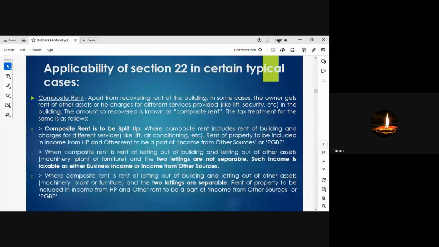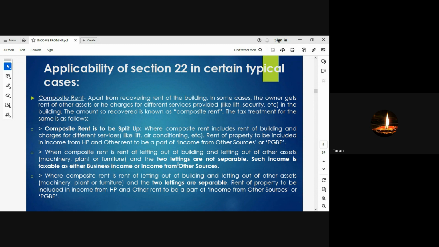All right. So, what is composite rent? Composite rent means, apart from the rent of the property, in some cases the owner also gets rent for other assets, or he charges for different services provided like security and lift services in the building. The amount recovered from such different services is composite rent, and it is also treated for the calculation of tax under the head income from house property.